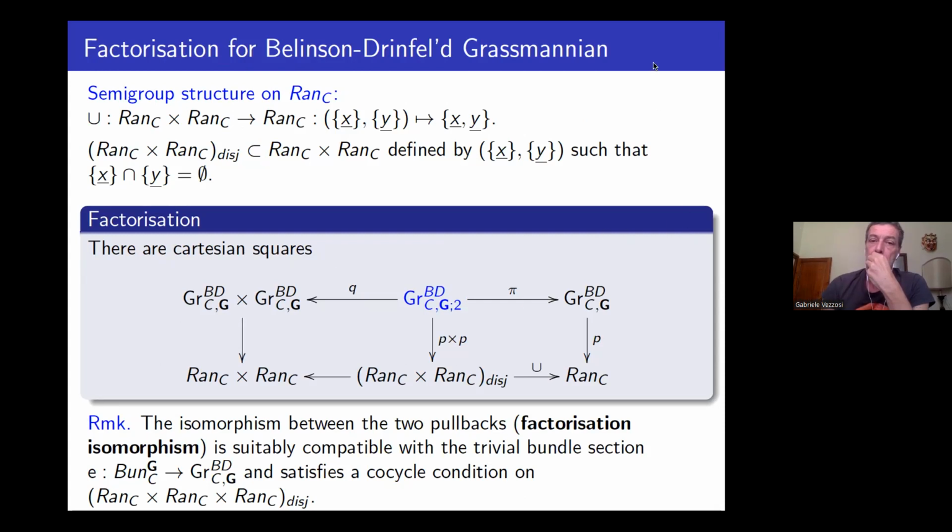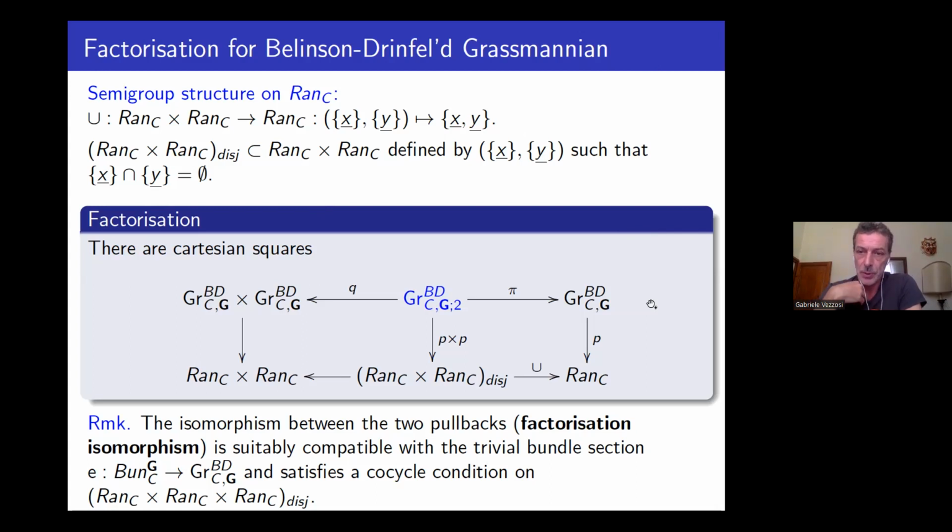Then this Beilinson-Drinfeld Grassmannian, one of the reasons why it's important is that it satisfies the so-called factorization property. And the factorization property can be spelled out in the following diagram.